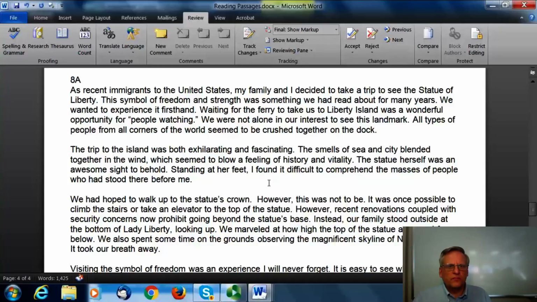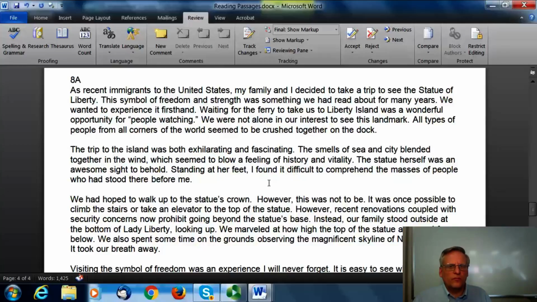We wanted to experience it first, and waiting for the ferry to take us to Liberty Island was a wonderful opportunity for people watching.